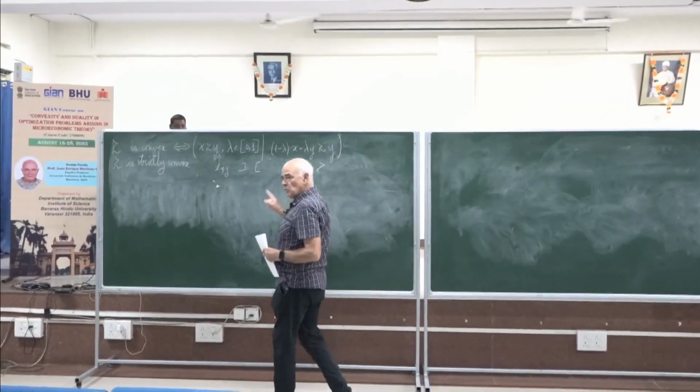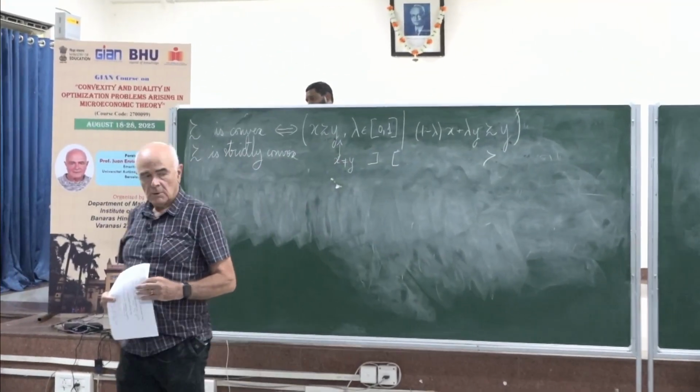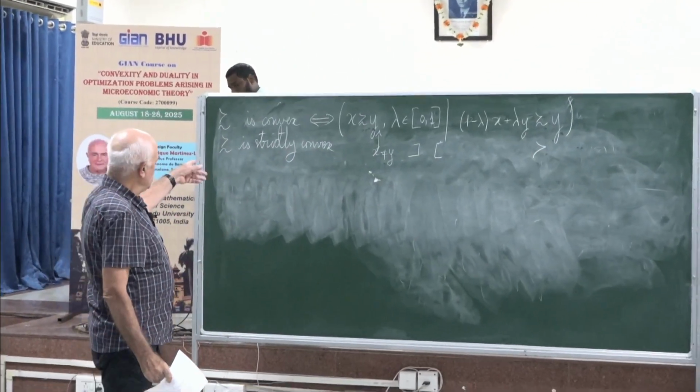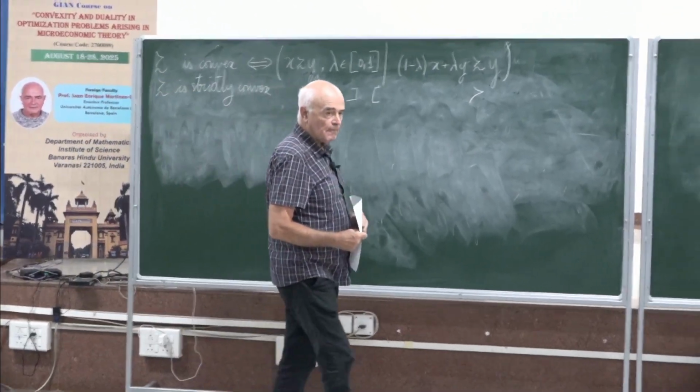So we define convexity of a total preorder in this way, and then also strict convexity.